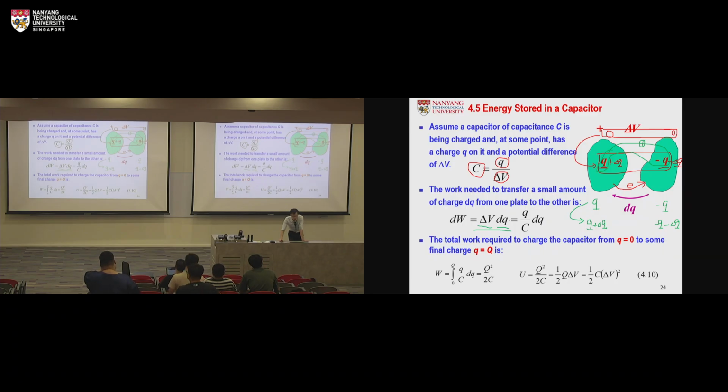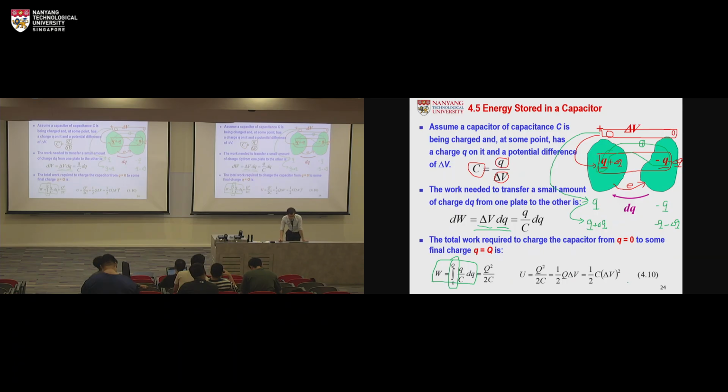If you are looking at the total charge, that is from 0 to the final state, this delta Q is initially 0 and finally is Q. So this is the meaning of how you can figure out the total potential energy accumulated in a capacitor.